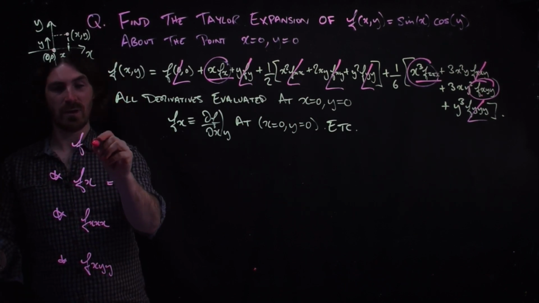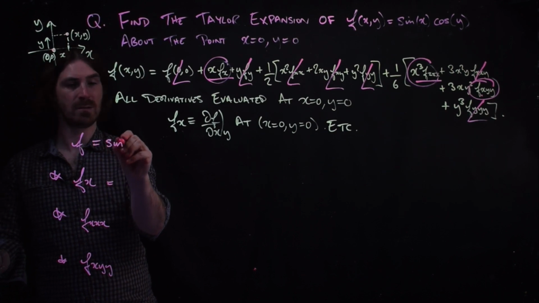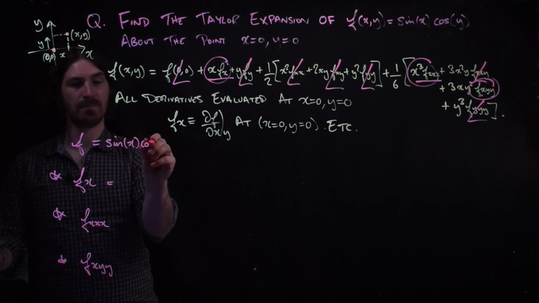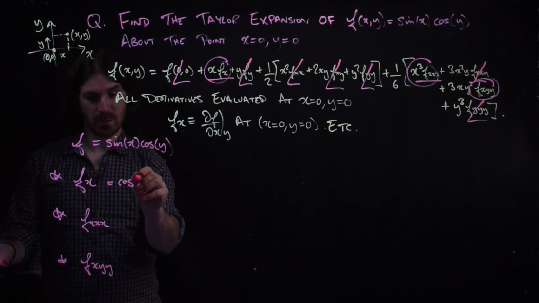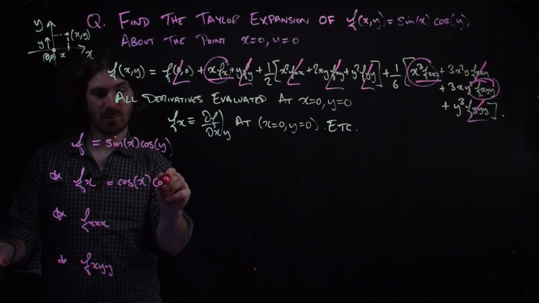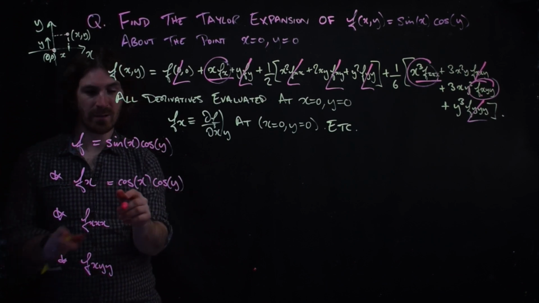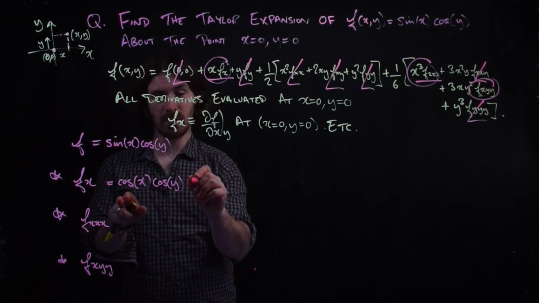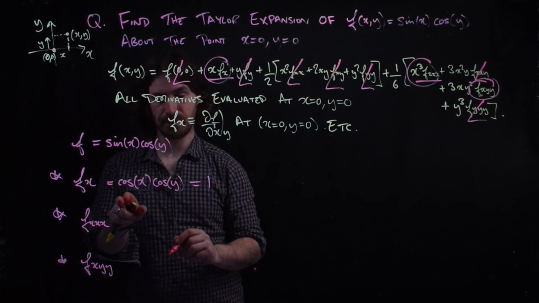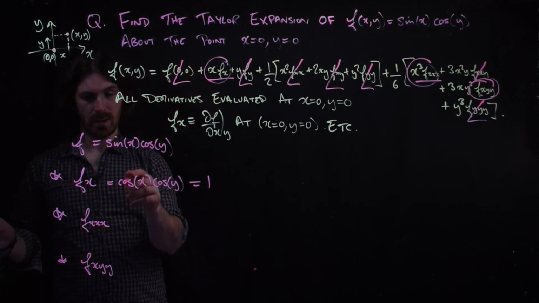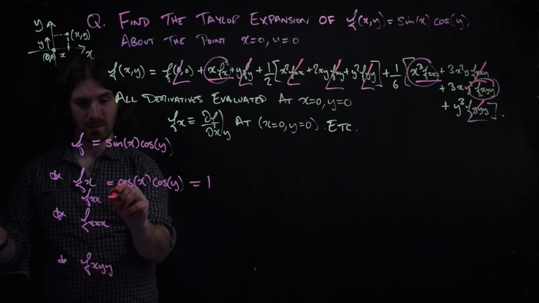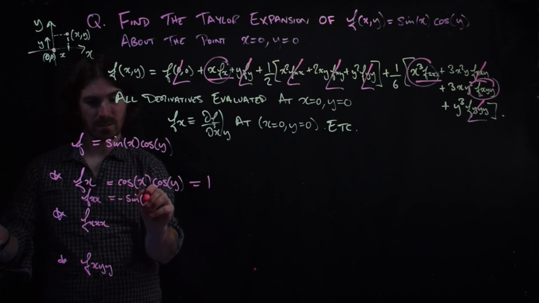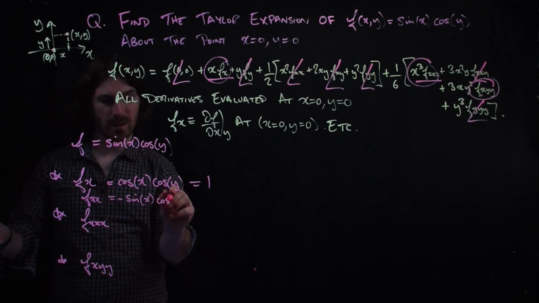Okay, so our function f is equal to sine x cosine y. Okay, so fx is cosine x cosine y. And we evaluate it at 0, 0. So this is just 1. Okay, if we differentiate again, we get fxx, and this is minus sine x cosine y.